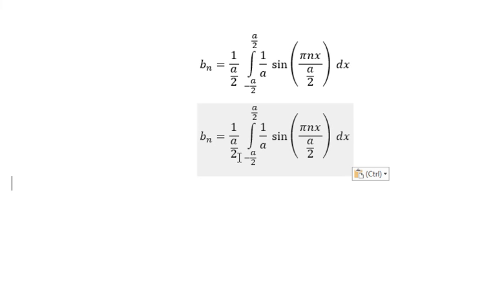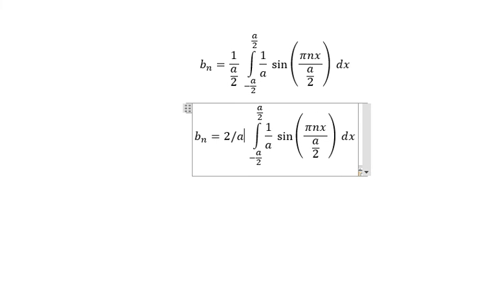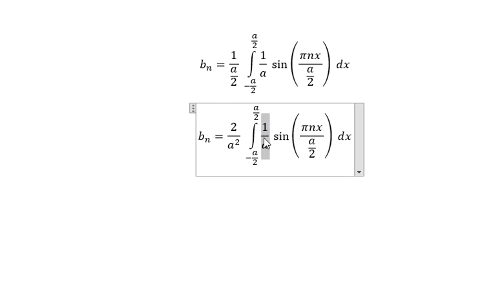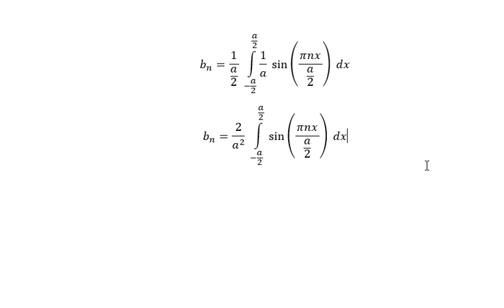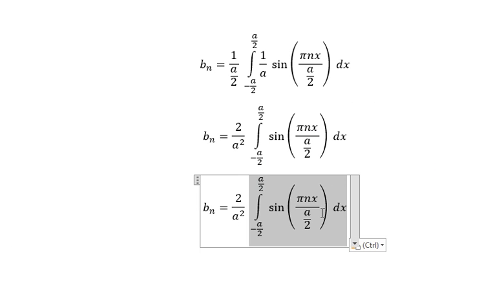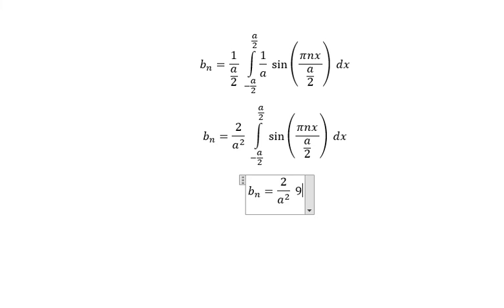Now 1 over a over 2 multiplied by 1 over 8. And we have 2 over a square. The integration of this one, we have negative cosine, and we will have 2, that's it, about like this, a over 2bn.